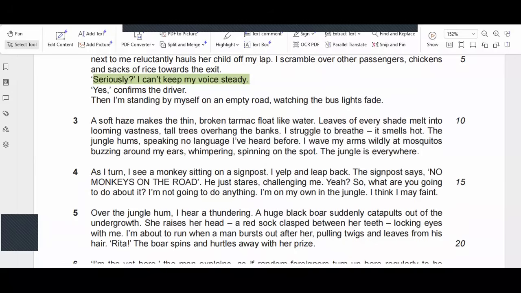Okay, so if I just look at this phrase, "I struggle to breathe." Let me just highlight it for you. And "I wave my arms wildly."